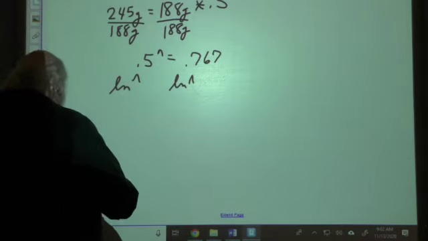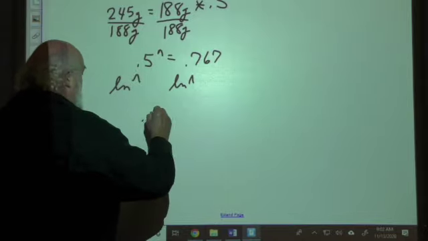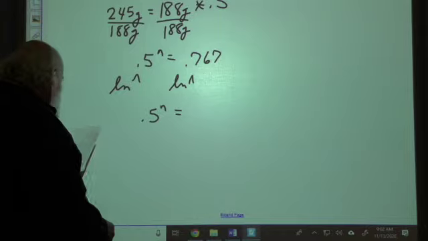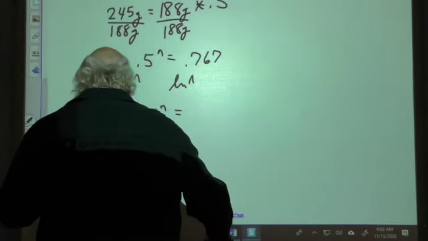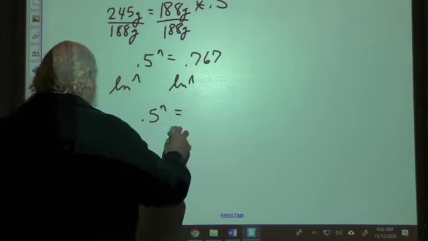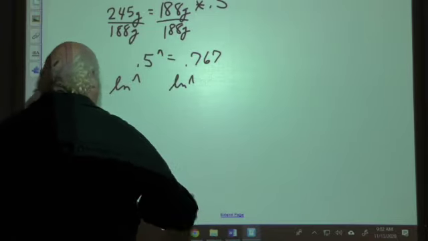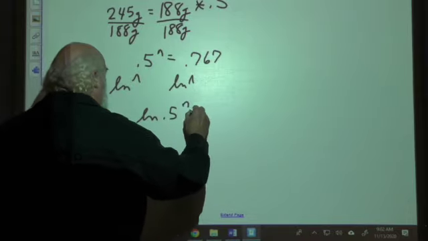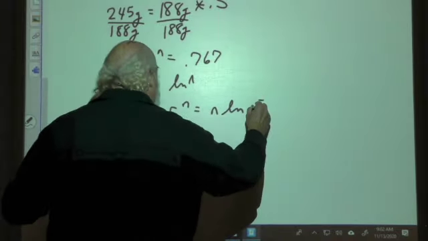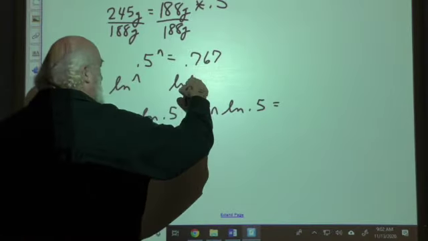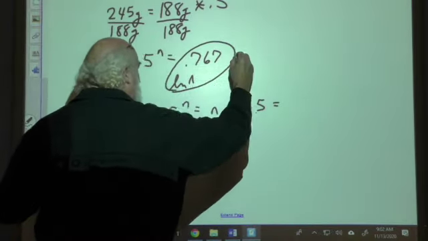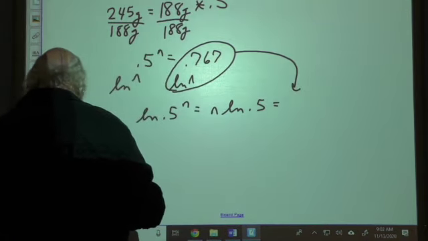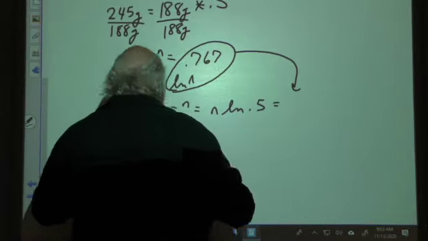Now the natural log of the exponent... I'm sorry, that's not right. The natural log of 0.5 to the n power, which is n times the natural log of 0.5, equals the natural log of 0.767. That number will go right there. I found that to be negative 0.265.